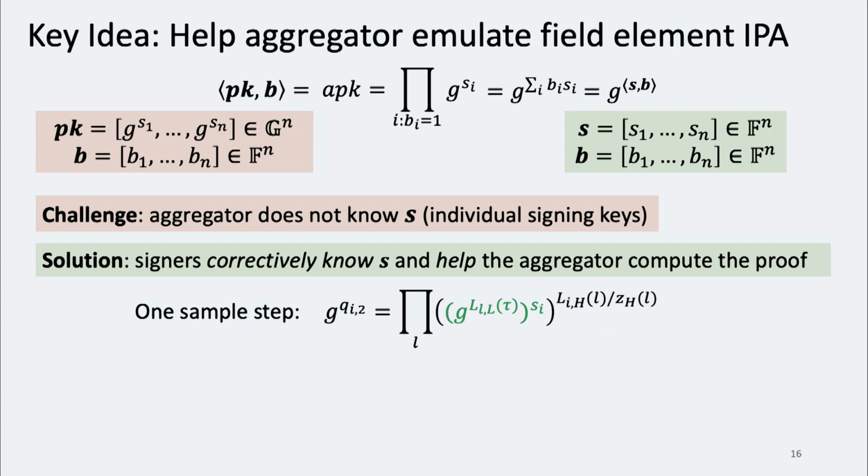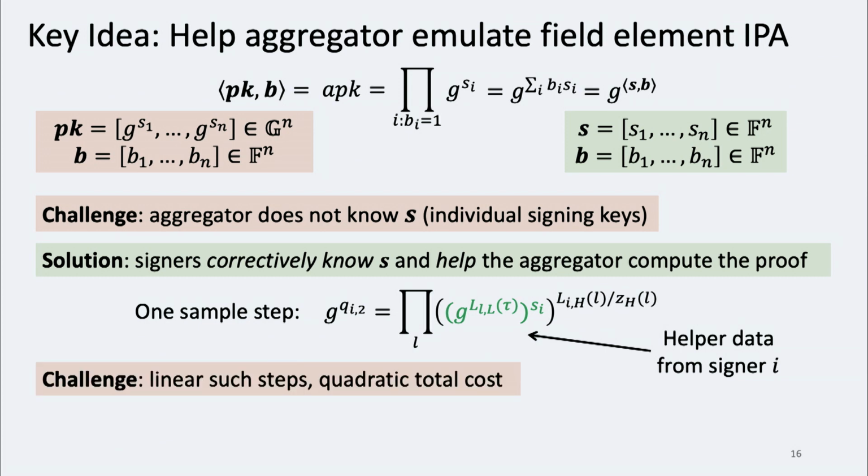That is a value that the aggregator cannot compute because it doesn't know this Si value. But signer i knows that value. So signer i can compute this G to the L to the Si value and send it to the aggregator to help. Now, every signer helps the aggregator, and the aggregator will be able to compute this proof this way.